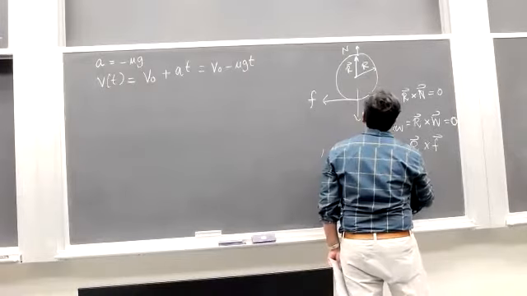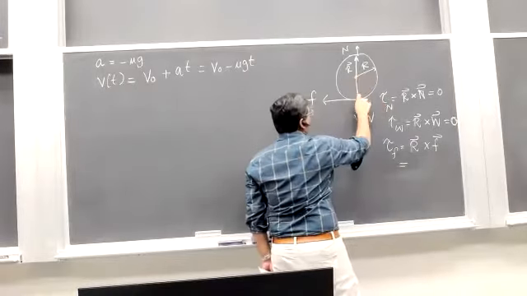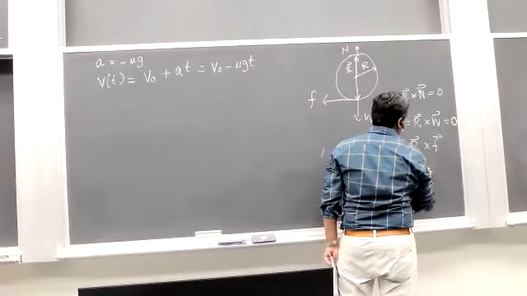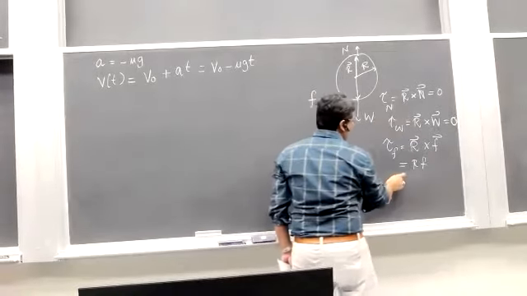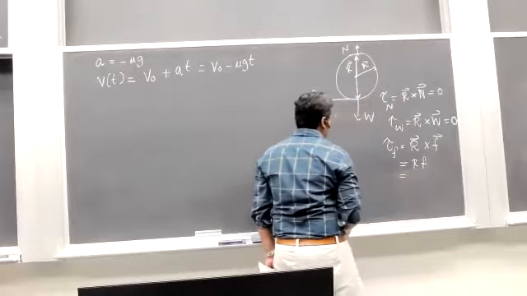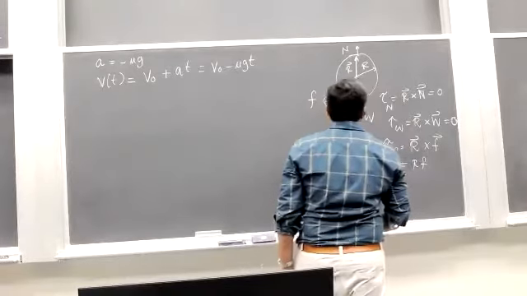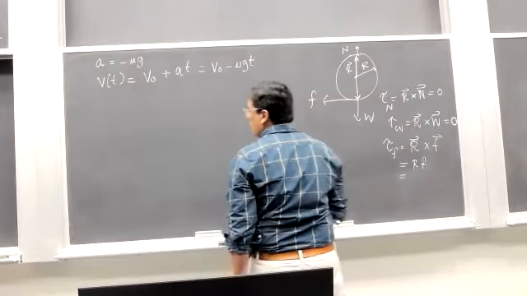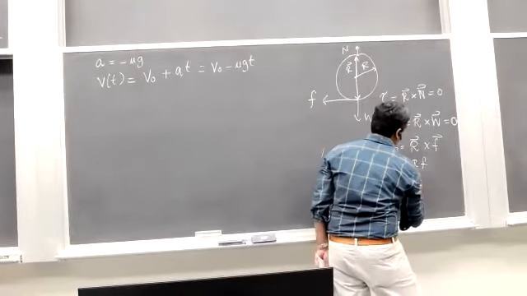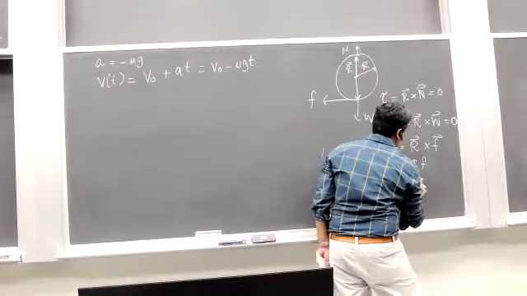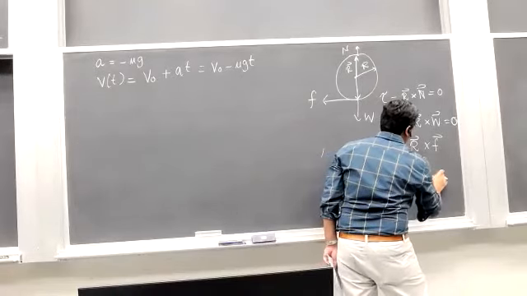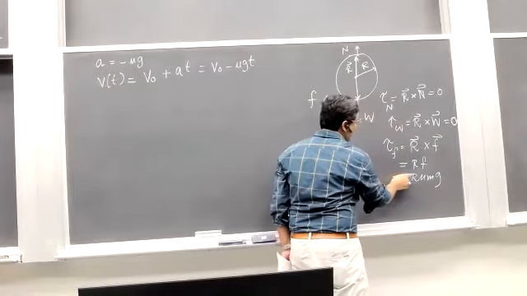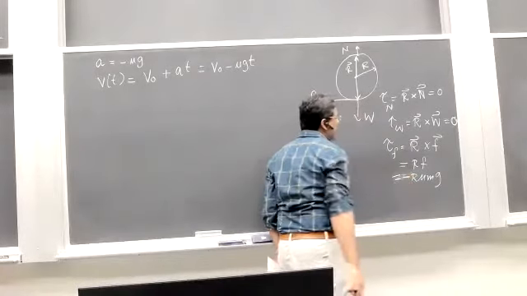R and F make a 90-degree angle. So r and F, and then what is F? We did calculate, right? The force of friction is minus mu mg. The magnitude is negative.